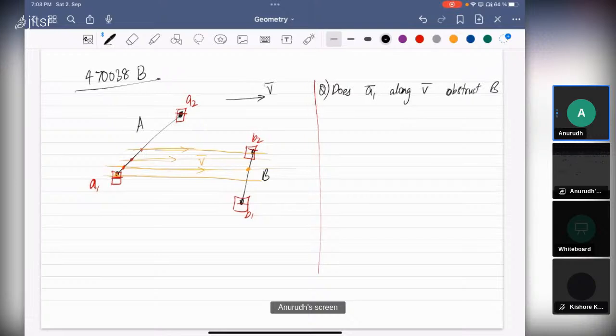Because this is a line now, I can think of any point along it as A1 plus lambda V, where lambda is some positive number. If lambda is negative, I'm going in the opposite direction, and that's not what I'm interested in. Here I want a ray that starts at A1 and goes in this direction. So I'll talk about some point P lambda, that is A1 plus lambda times V.